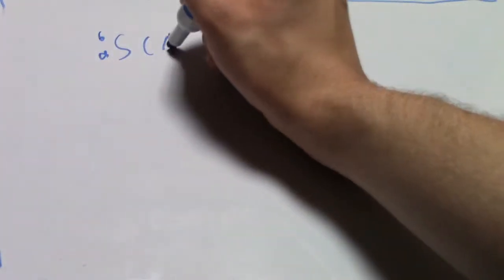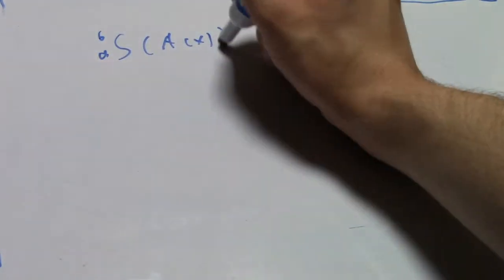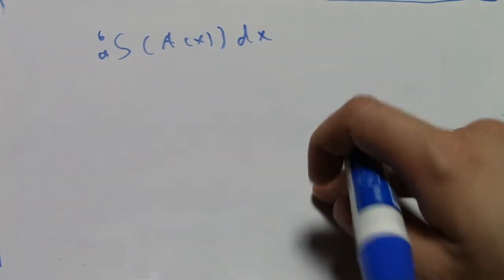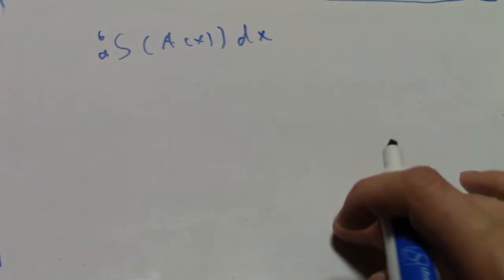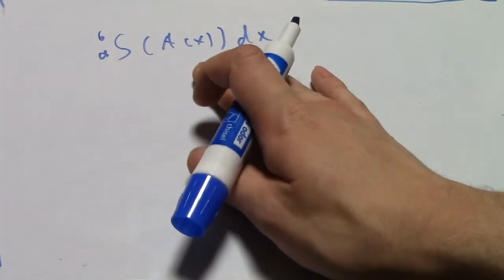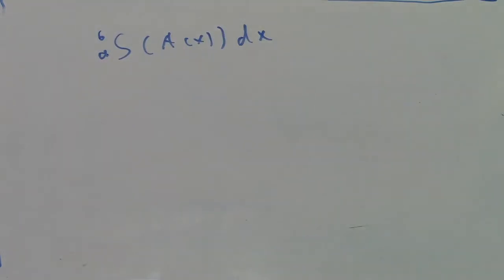Now, as I mentioned earlier, we are integrating from a to b the infinitesimally thin cross-sectional areas, of course, dx. So what we need to do is find the area of each of those infinitesimally thin cross-sections and essentially add them all up, and we will get our volume.